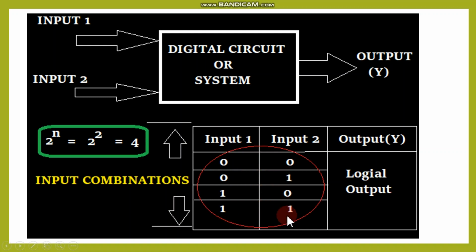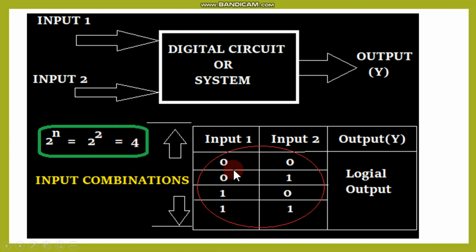And always remember, when these kinds of combinations are made, always start with 0. Why 0? Because 0 indicates low level or low logic. Hence, it is always preferred to start with 0. Now, how to make these 4 combinations? We know that we will get 4 combinations as 2 raised to 2 equals 4.